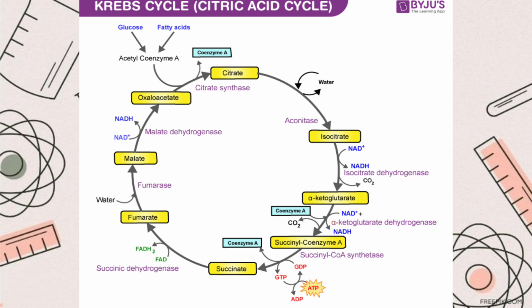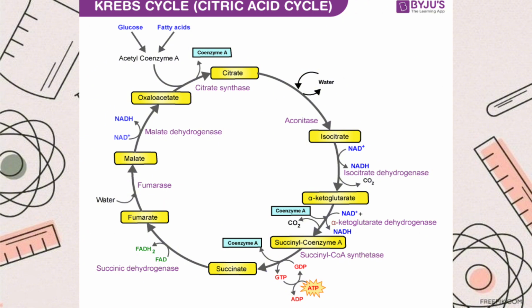For step 3 of the Krebs cycle, isocitrate is oxidized to alpha-ketoglutarate, which results in the release of carbon dioxide. In this reaction, one NADH molecule is formed. The enzyme responsible for catalyzing this step is isocitrate dehydrogenase. This is a rate-limiting step as isocitrate dehydrogenase is an allosterically controlled enzyme.